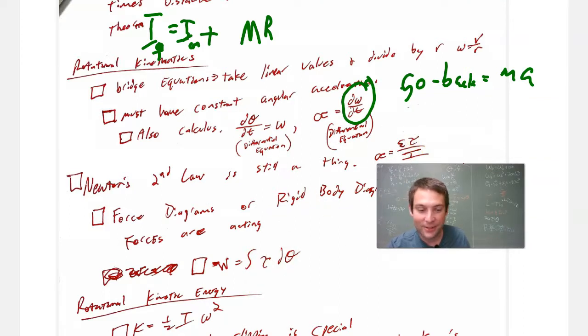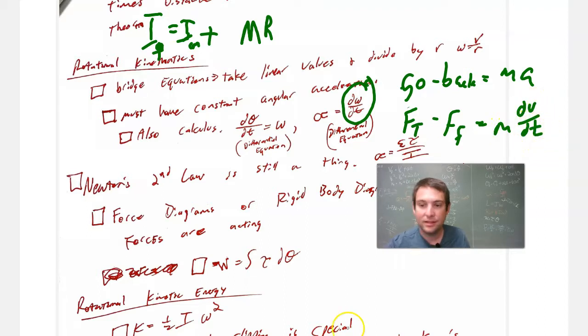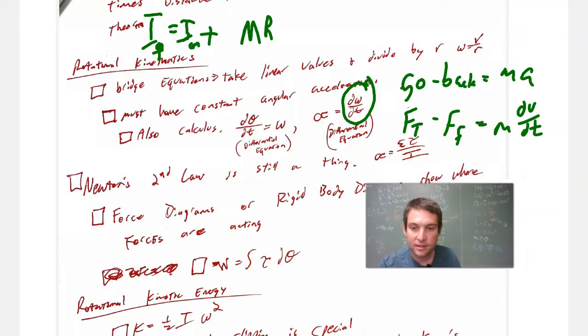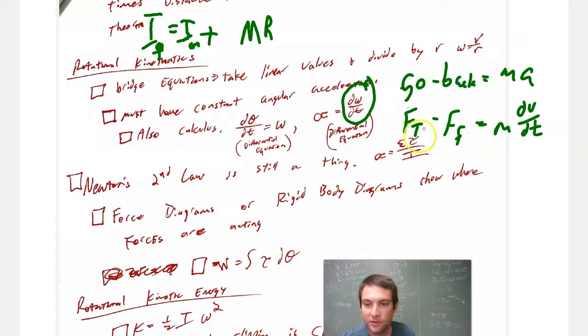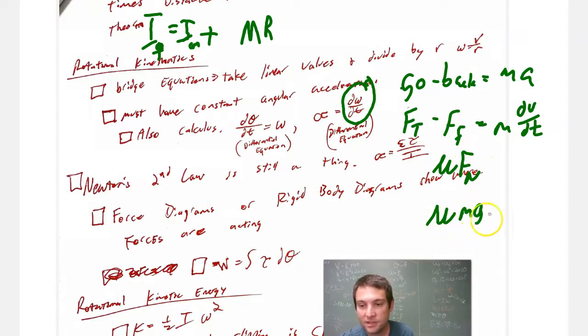We'll say FT minus FF equals m dv dt. That's a differential equation now. Of course, it's not simplified enough. You would need to go further. You probably solved for Ft earlier, and you know that frictional force is mu times Fn. That's all frictional force is. Mu times Fn. If it's on a flat surface, it's mg. If it's not on a flat surface, it's cosine theta.